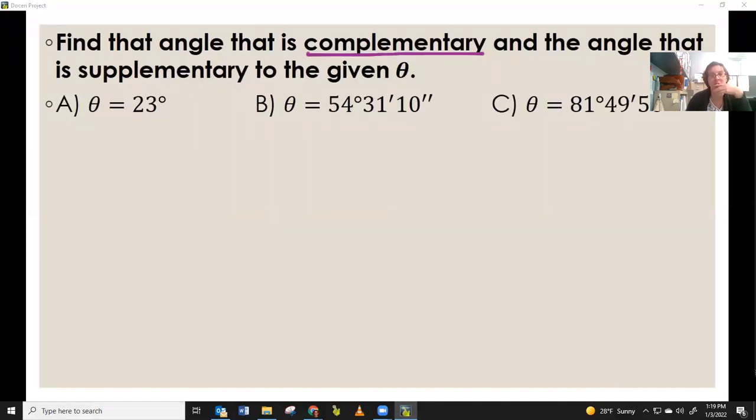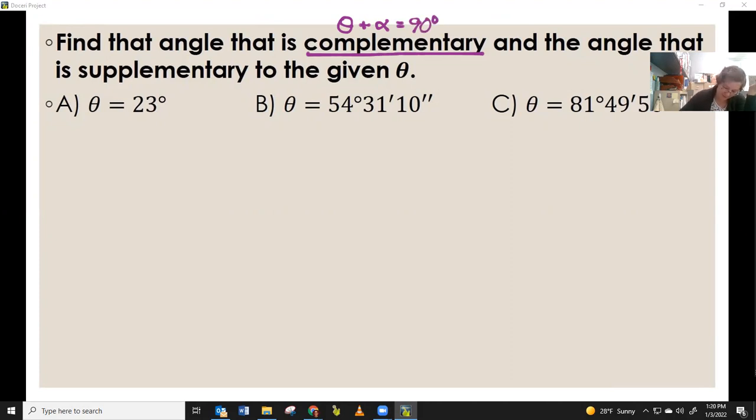How do I know if two angles are complementary? They add to 90 degrees, absolutely. So I could say theta plus alpha equals 90 degrees.